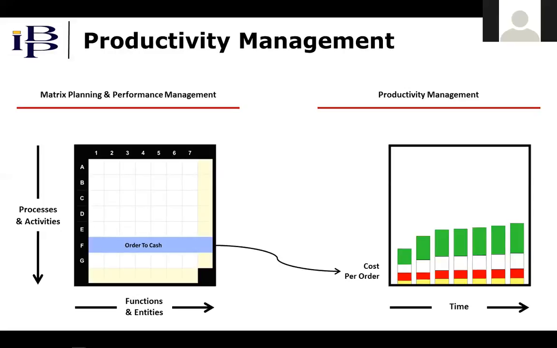From that, I can then start looking at individual processes. So I can look at, for example, an order to cash process, and start looking at cost per order. People talk about breaking down functional silos, and especially the impact of functionally based annual budgets.